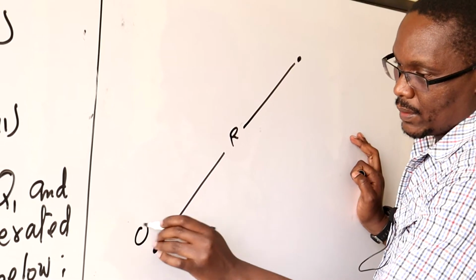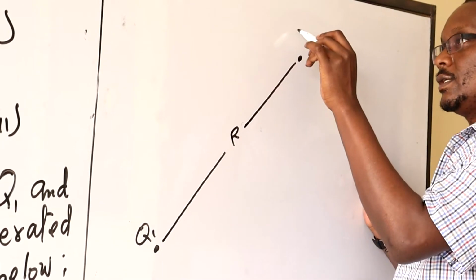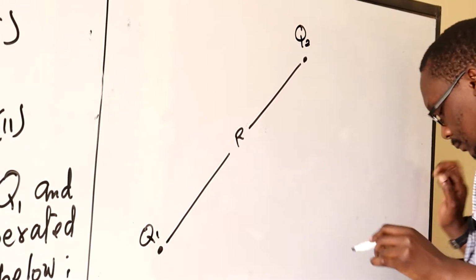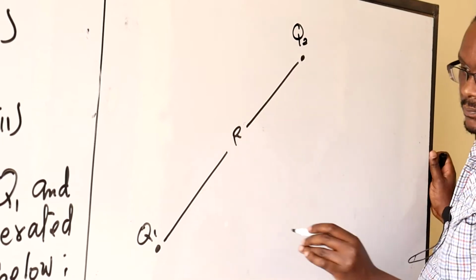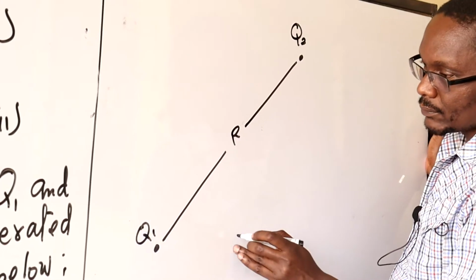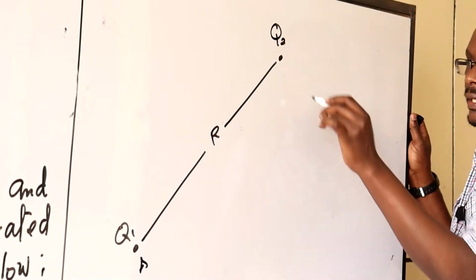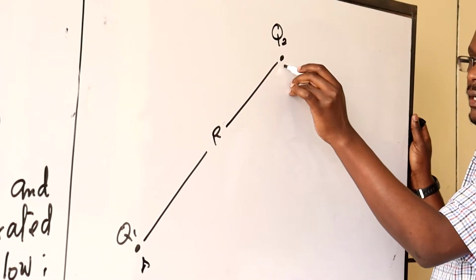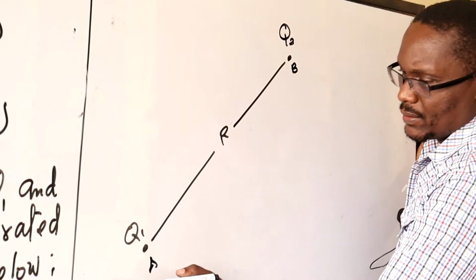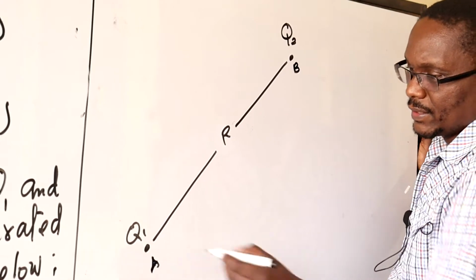So this is Q1, that is Q2. This be point A, we can even call it 1, and this be point B from our statement.